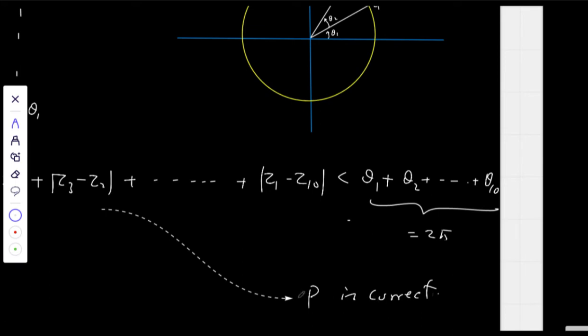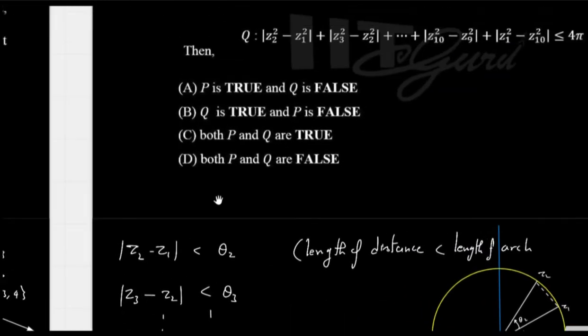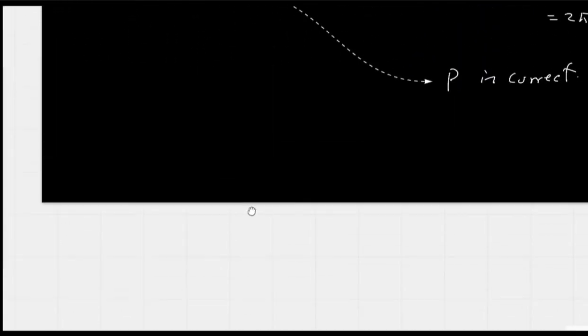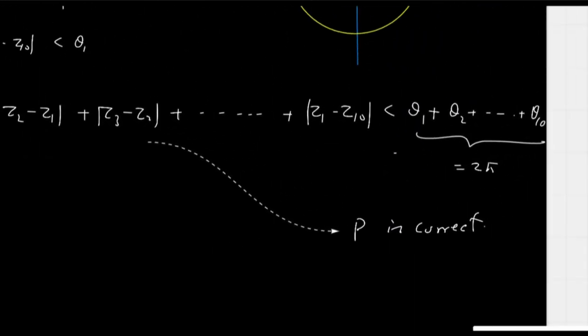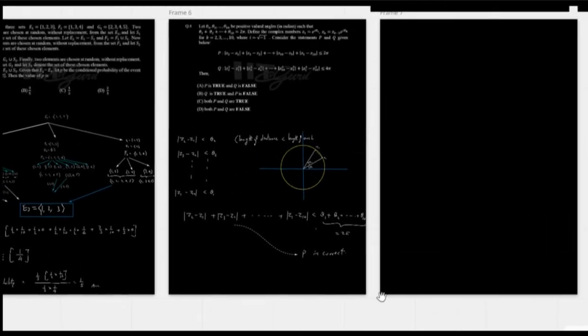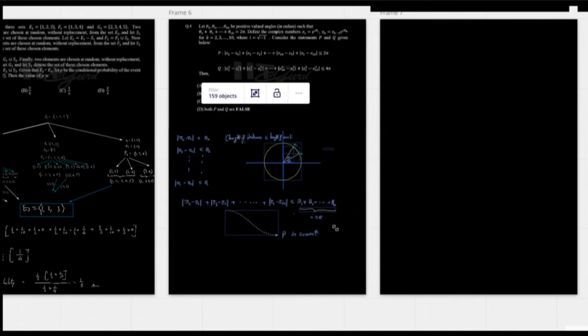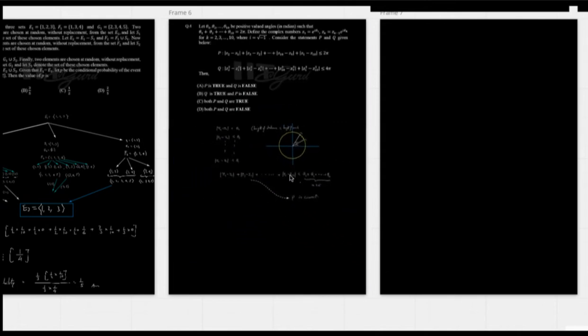So if P is correct, then also we can say that Z2 minus Z1. Now use the square difference formula for the Q statement. As in the Q statement, Z2 square minus Z1 square, Z3 square minus Z1 square. So we get some more space over here.